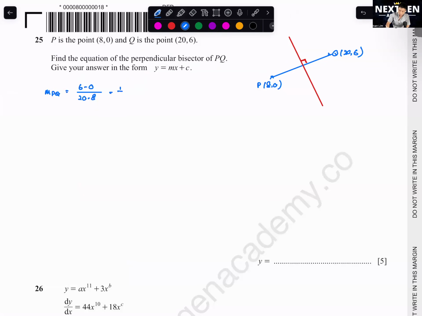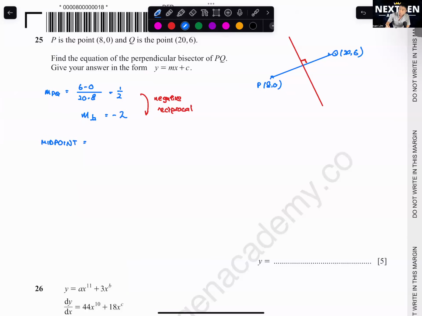We'll get 1 over 2. The perpendicular gradient will just be the negative reciprocal. So you will take positive to become negative. 1 over 2, you inverse it, reciprocal. This one remember, negative reciprocal.